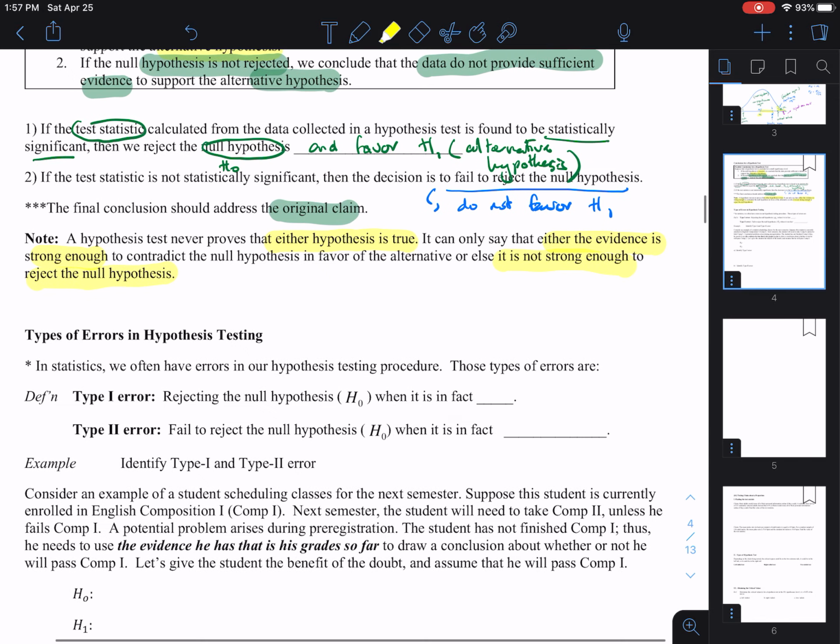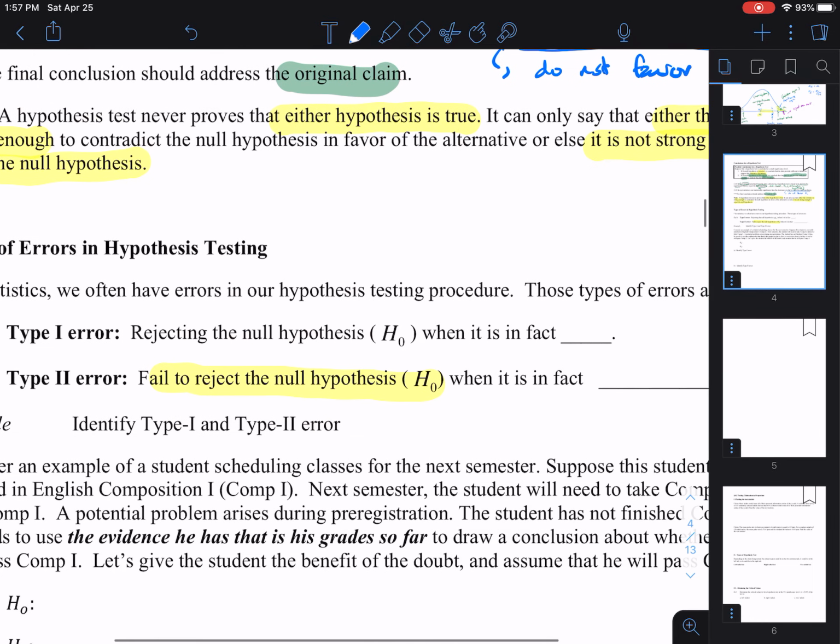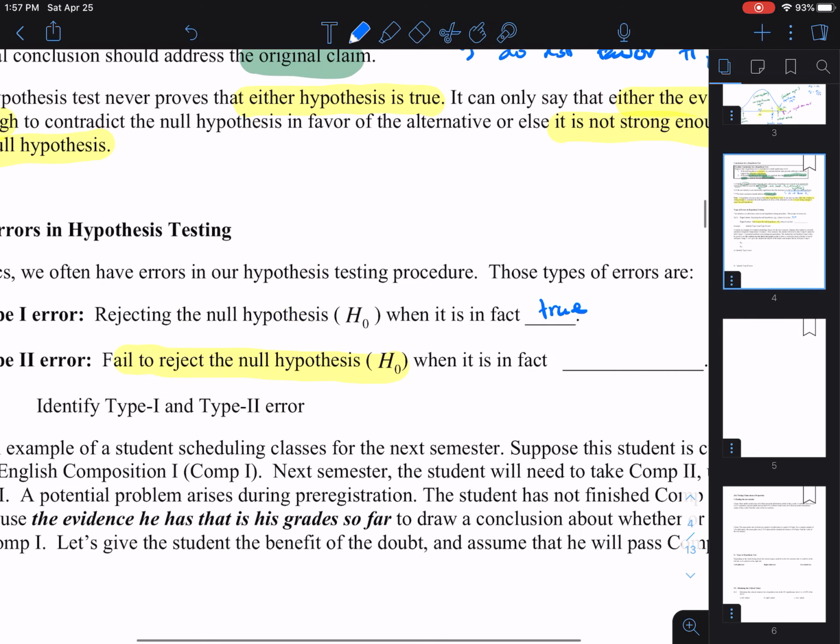So there's a mistake we're making there. Type 2 is when we fail to reject a null hypothesis when it's not true. So two possible errors: type 1, rejecting the null hypothesis when it is in fact true; type 2, failing to reject a null hypothesis when it's in fact false.